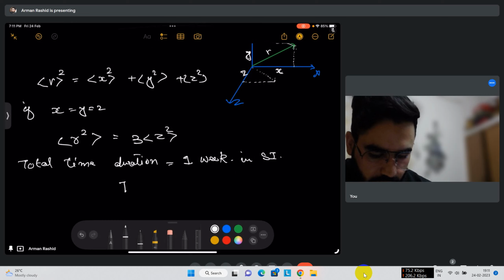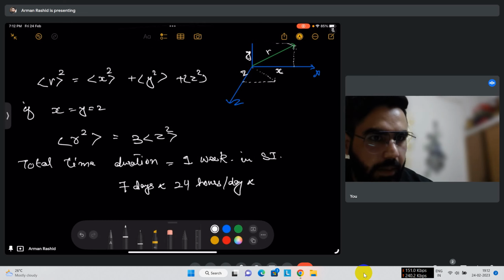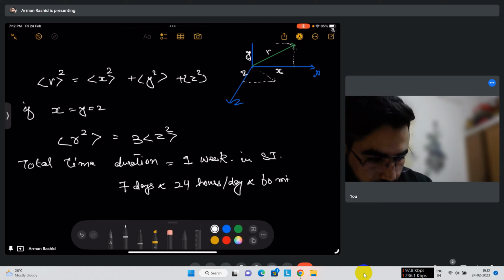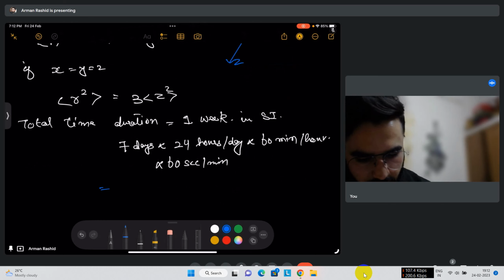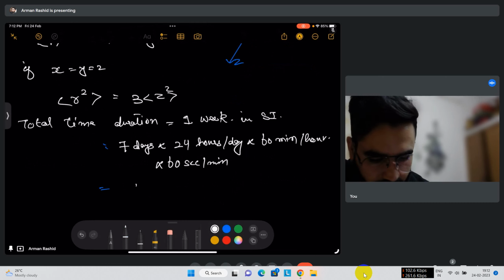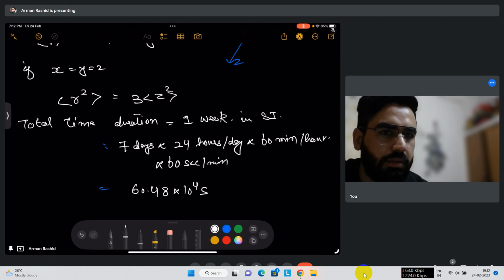So what we'll do is 1 week consists of 7 days, multiplied by 24 hours per day, then multiplied by 60 minutes per hour, and then multiplied by 60 seconds per minute. So from this we'll determine that in a week there are 60.48 into 10 to the power 4 seconds.